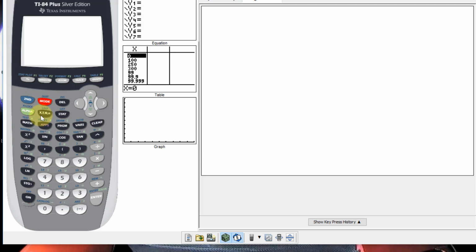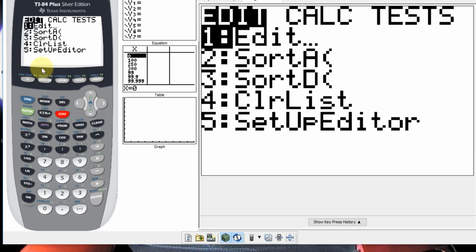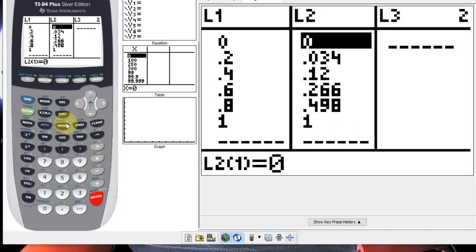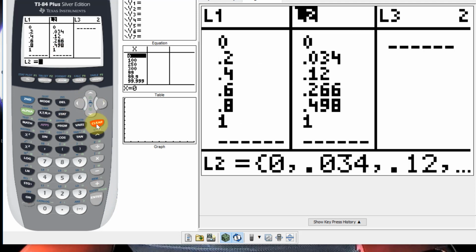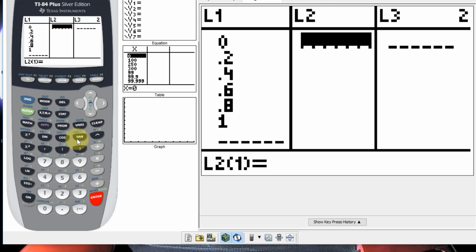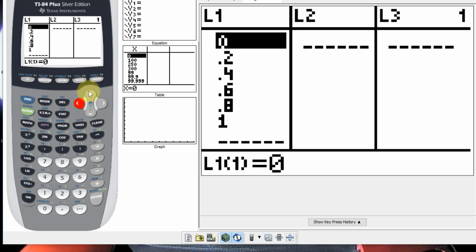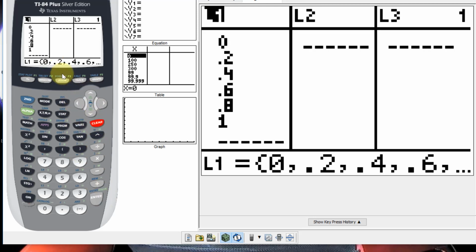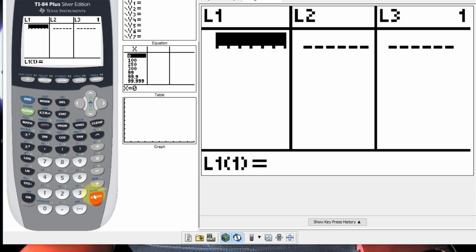If I hit the stat button and I cleared that out, so let's go into the data that I had typed in before. If I go to the very top, hit clear, that wipes out that column. And if I go to the other column, go to the very top and hit clear, I cleared out those data points.